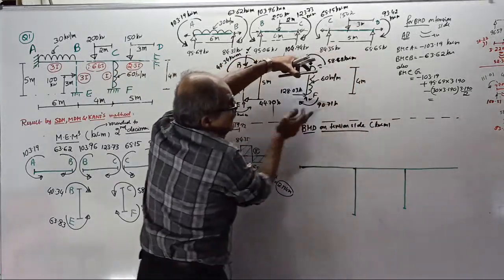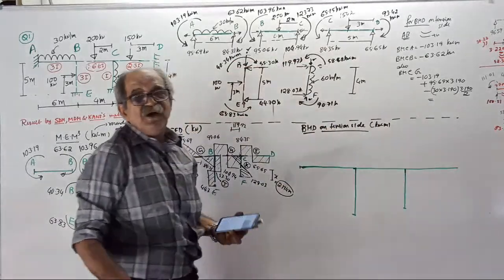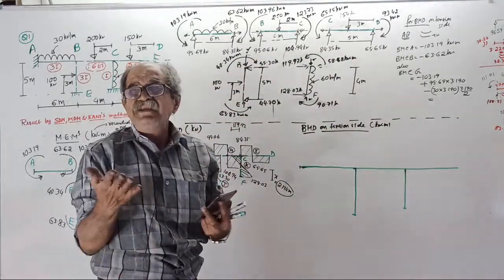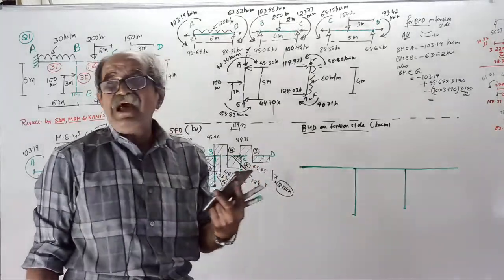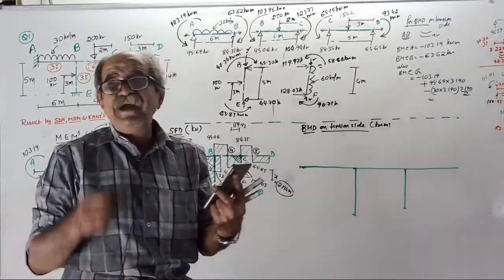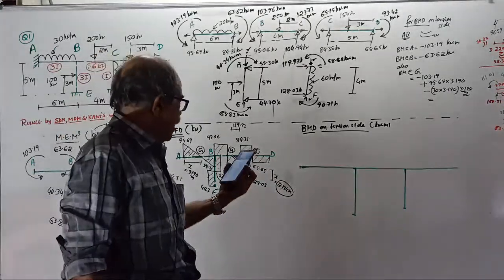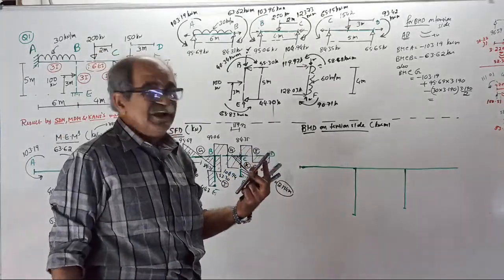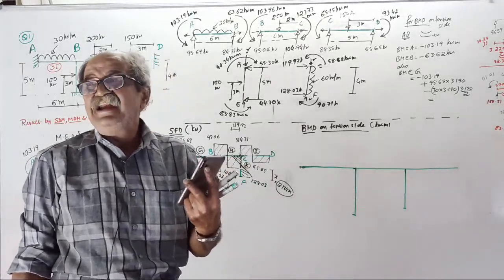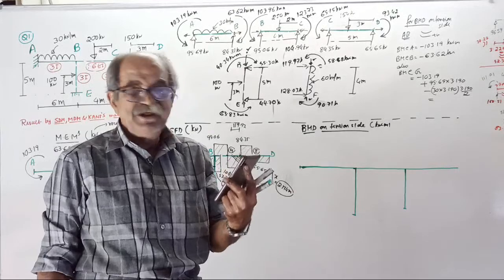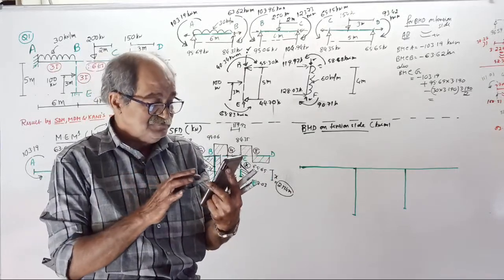For this member, I am taking this is positive. Do you think I don't know that much concept? You are telling my SFD wrong. How can you tell it? That much common sense I have. I may make mistakes in the calculation or writing or spelling rarely, but not in technical concept.